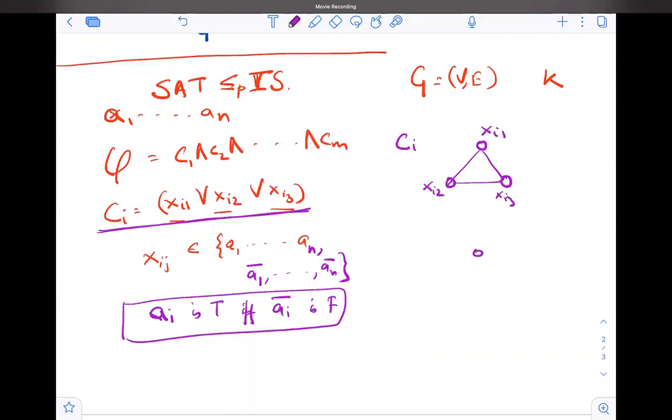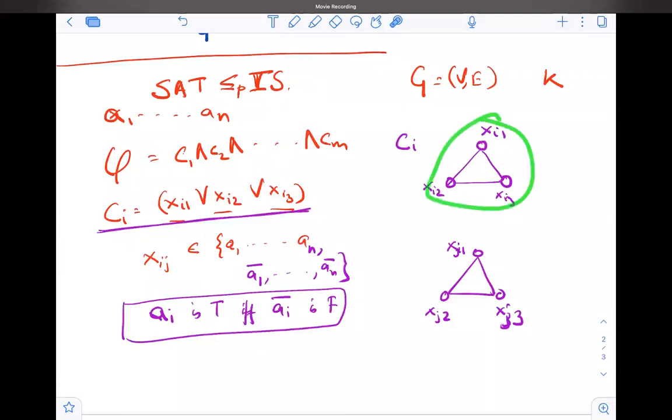Similarly, I do it for each triangle, xj1, xj2, xj3. The good thing is that among these three vertices in a triangle, how many can go into an independent set? One. Not more than one, right? You cannot have more than one over here.